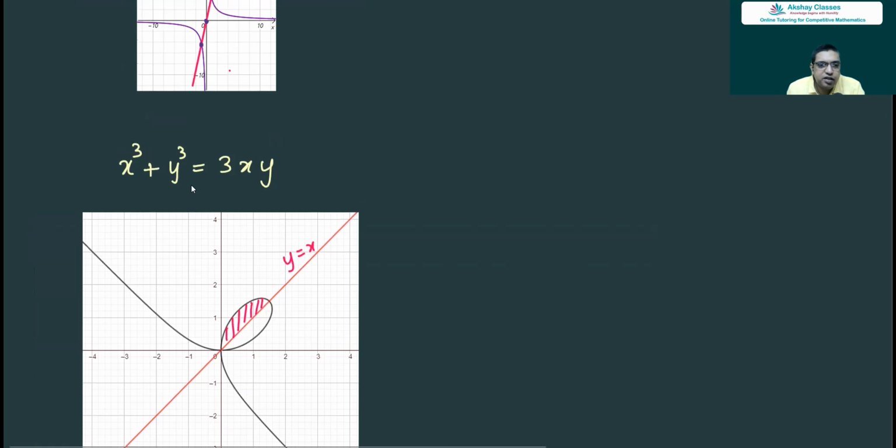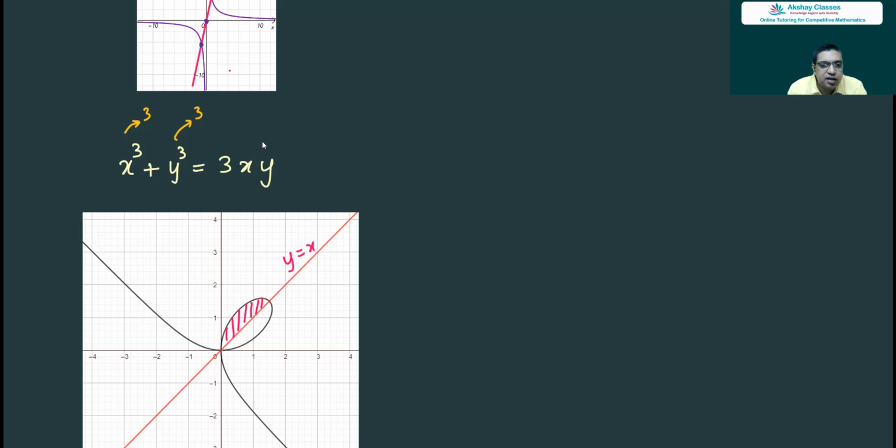here in this equation, x cube plus y cube equal to 3xy. The first term, x cube, is of the third degree. Y cube is of third degree. X into y is degree 1 into degree 1.